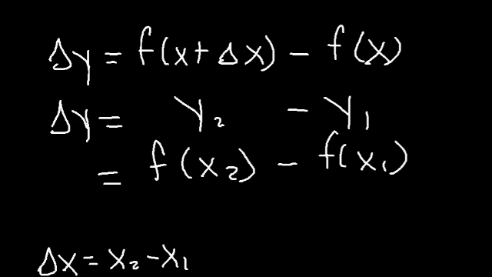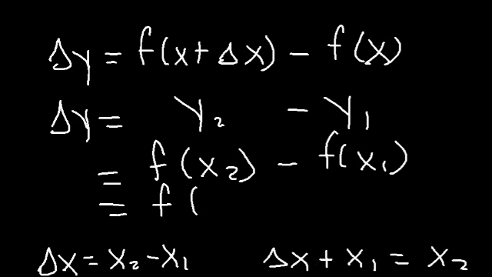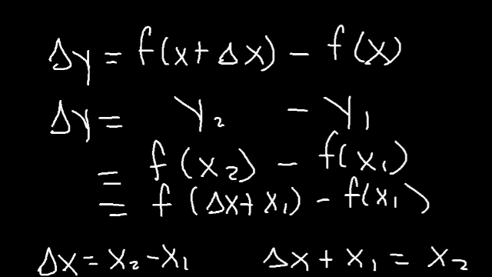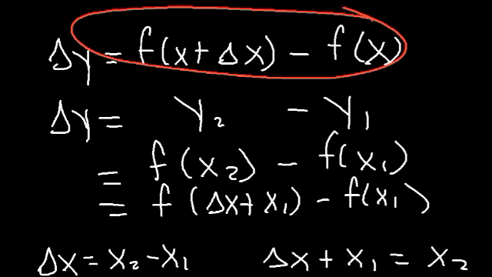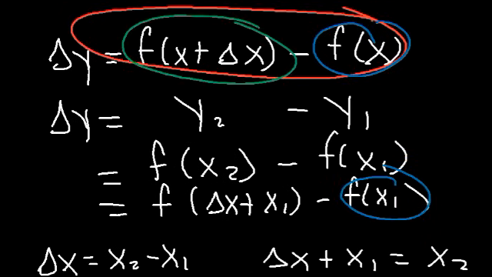So if you solve for x2, delta x plus x1 is equal to x2. And basically we get what we have here. So this is f of x, or f of x1, and this is f of x plus delta x, or f of delta x plus x1. So that's delta y. It's the change in the y values. Delta x is the change in the x values.